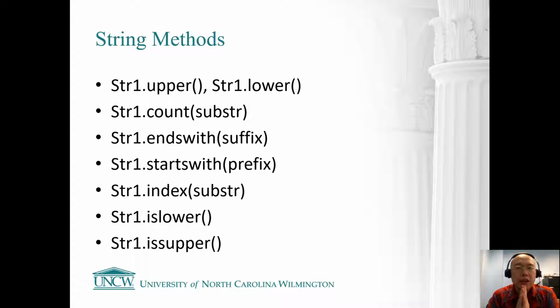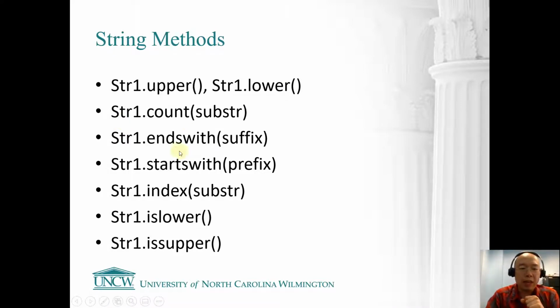There are really a lot of methods we can use with strings, and for the syntax, you have to do a string object dot something. Say a string dot upper, and then you have all uppercase, or a string dot lower, you get all lowercase. And then you can do a string dot count, so that you count how many occurrences of a substring are inside another string.